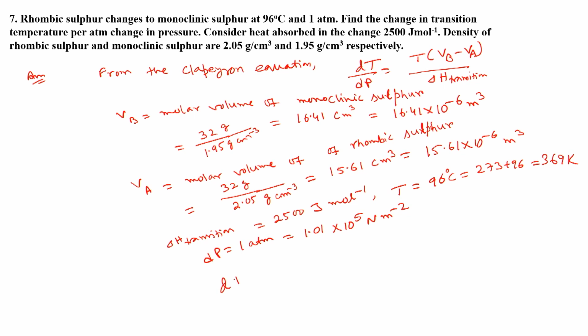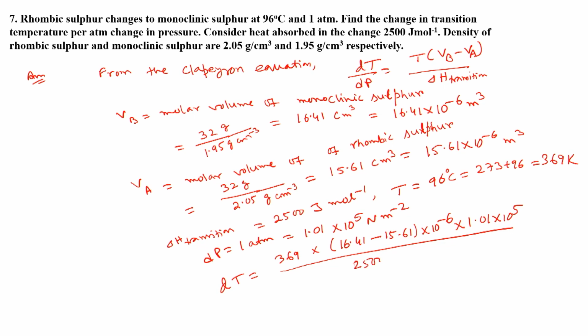So, we get dT is 369 times 16.41 minus 15.61 times 10 to the minus 6 times 1.01 times 10 to the 5 by delta H transition, right. So, delta H transition is 2500, okay.